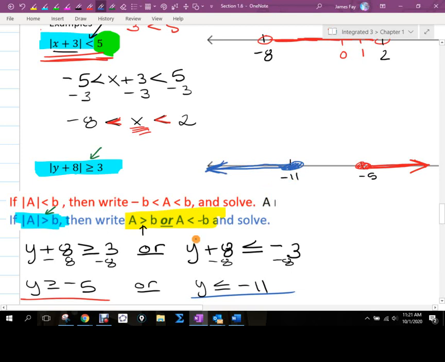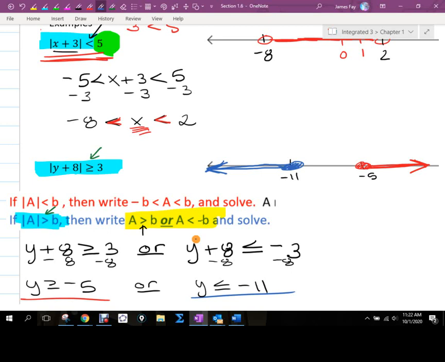And that idea says that now if I choose a number that is in either of those red or blue regions on my graph, when I plug back into the original inequality, I should get a number that is more than 3 inside that absolute value, or a number that is less than negative 3 in that absolute value.